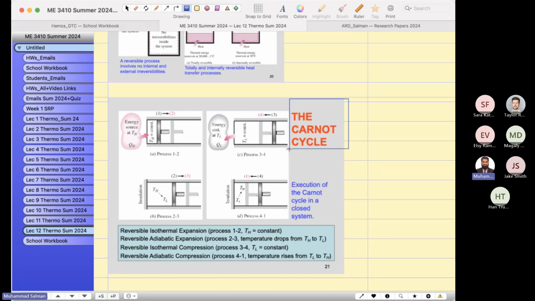In this cycle, you see all four processes are reversible. This is just a very highly imaginative case. In this, we are trying to explain that if all the processes are reversible, then this type of engine has a maximum thermal efficiency.